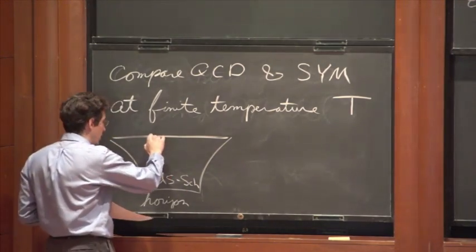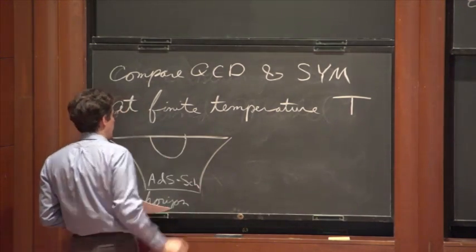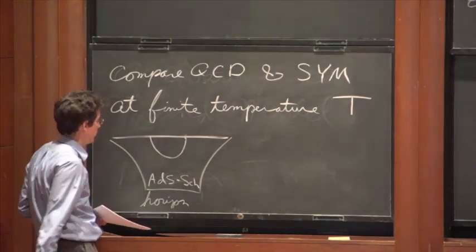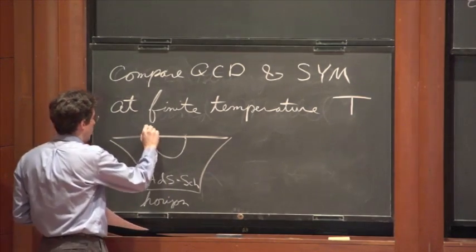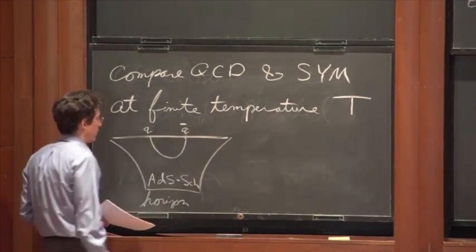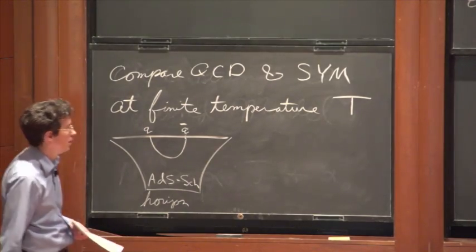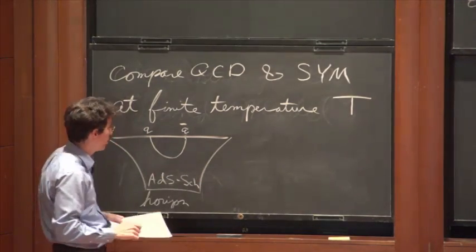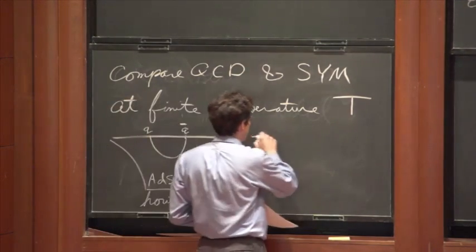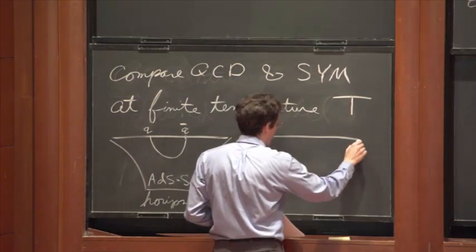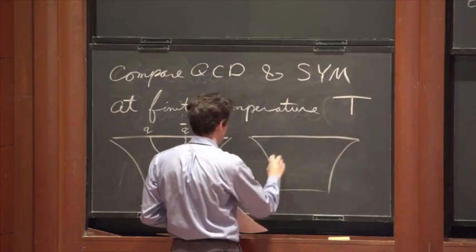However, you still have the same picture for the Wilson loops of a string that dangles from a Q and a Q bar down into the bulk, except exactly what you noted is going to come into play. There will be multiple candidate extrema.